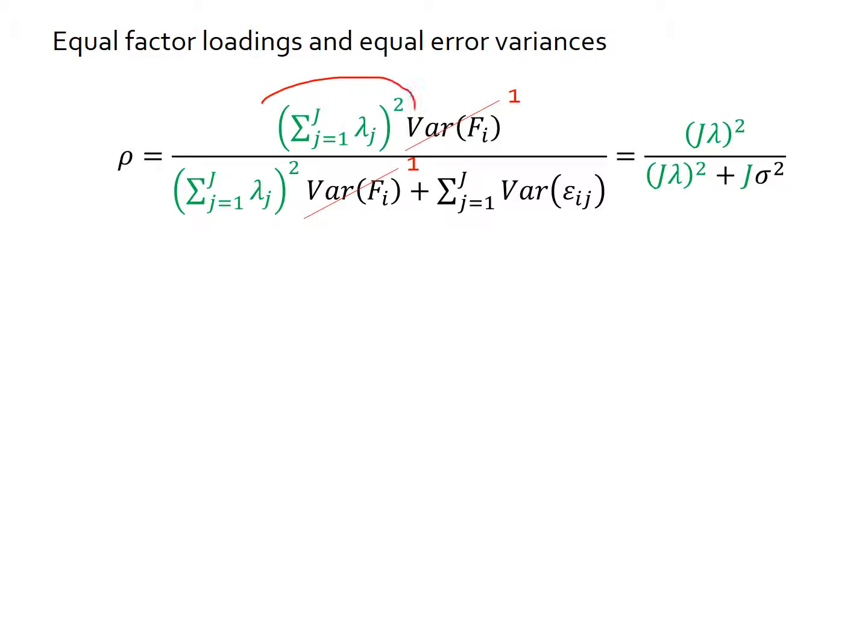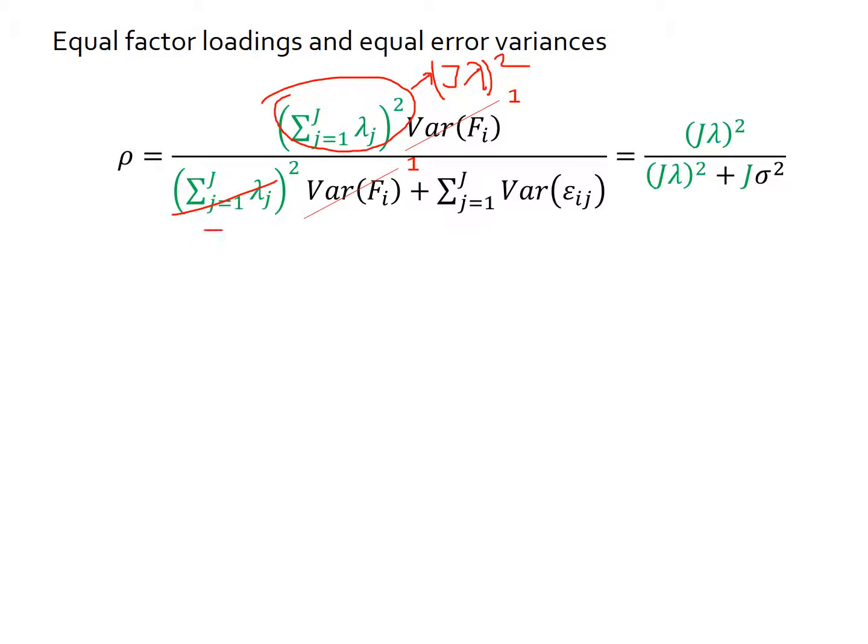So first, because we have equal factor loading and equal error variance, from this formula we can get this, because all lambda are equal. So it's equal to j lambda, and don't forget to have the square. The variance of the factor equals 1 because of the identification.